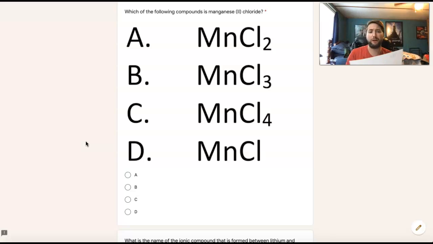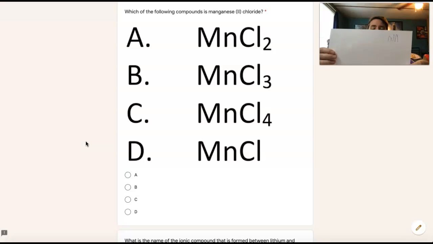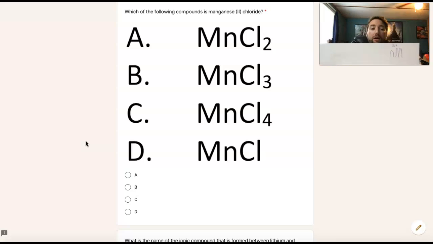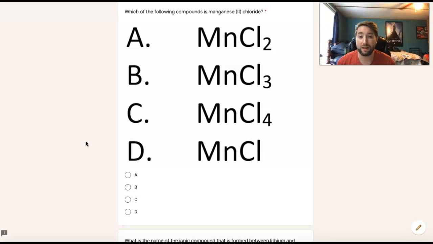So what I've done on my sheet of paper here is I wrote down the symbol for manganese, which is Mn, and now I'm going to write the charge above it as +2. Now it says manganese 2 chloride. Remember, chloride is just the IDE ending for chlorine.